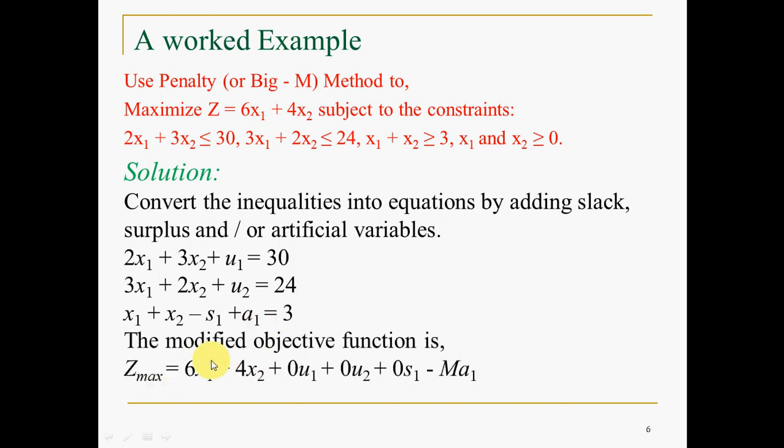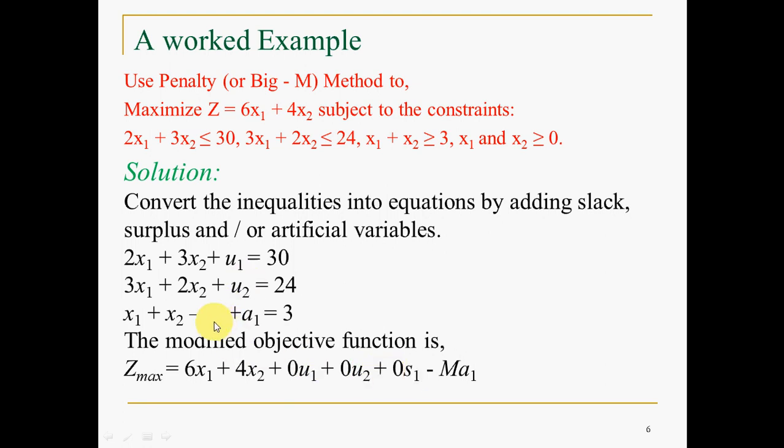So the modified objective function involving these variables: x1 and x2 are the basic variables, so you write them as they are, 6x1 plus 4x2. How many slack variables do we have? u1 and u2, so 0 u1, 0 u2, plus 0 s1 you have to write.